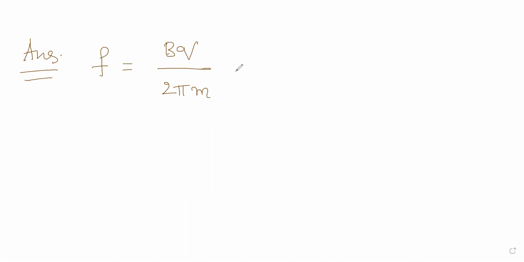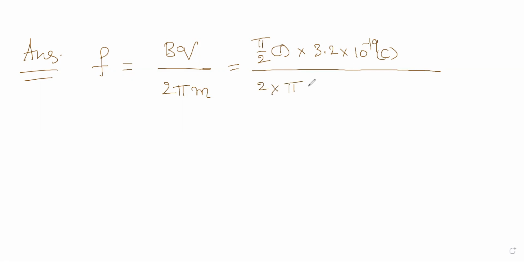Simply, you have to plug in the numbers straight away. The charge is 3.2 into 10 power minus 19 coulombs, and B is pi by 2 Tesla. So whole divided by 2 into pi into the mass of the particle, 6.7 into 10 to the power of minus 27 kg.